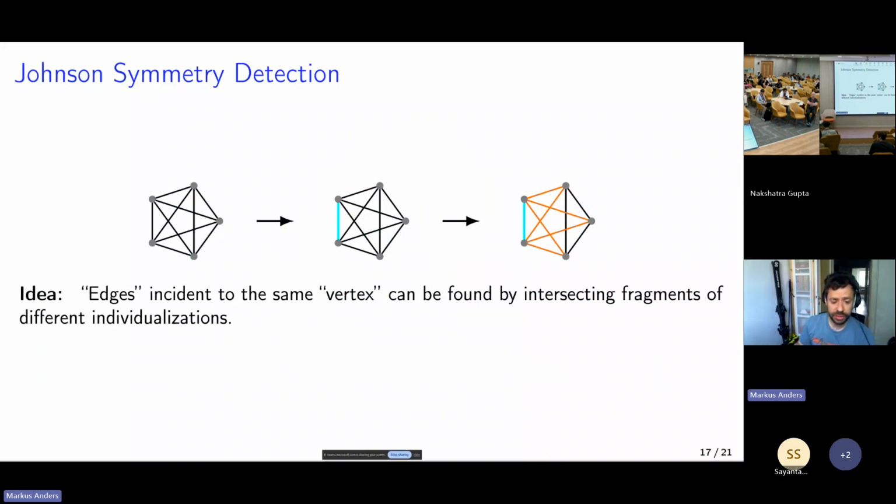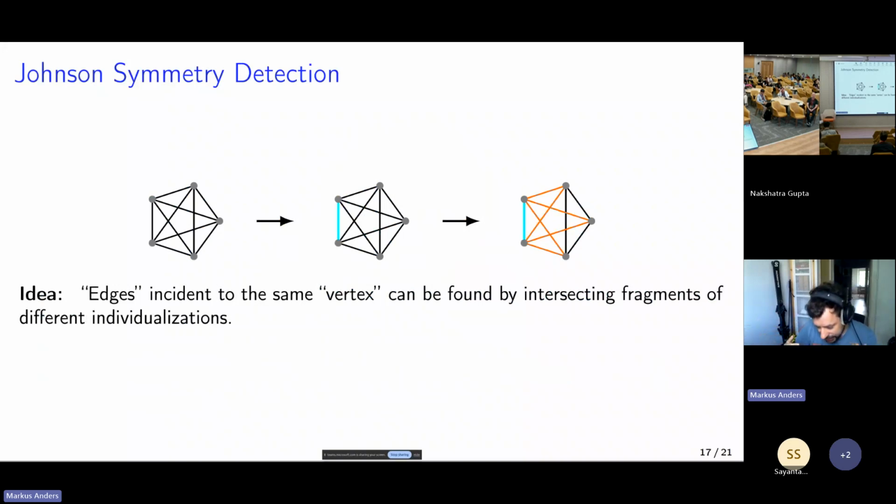I have this illustration here, and I've said that the variables correspond to the edges of a complete graph. The idea is that we stabilize an edge in the complete graph, and this partitions the remaining edges into the ones that are incident to the edge we've stabilized and the ones that are not incident to it.